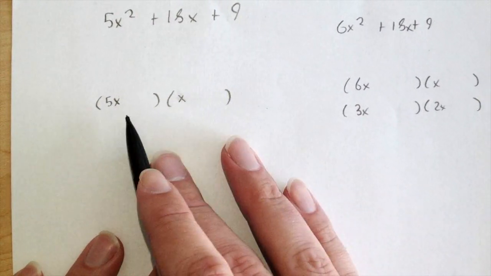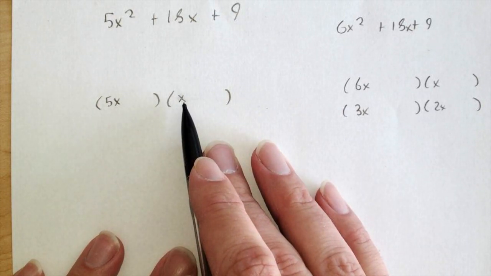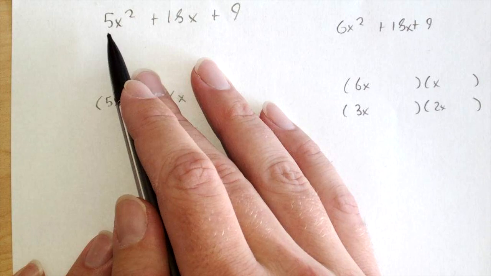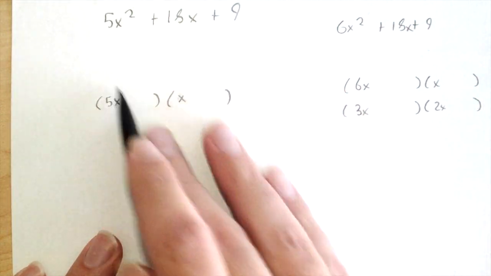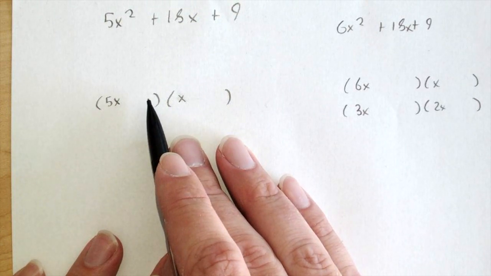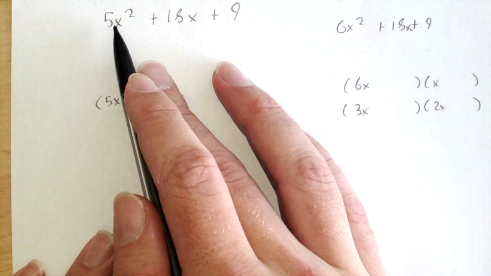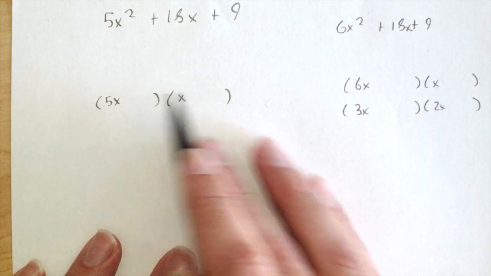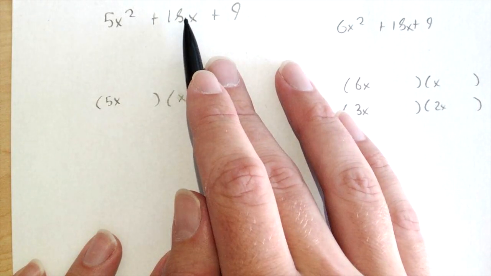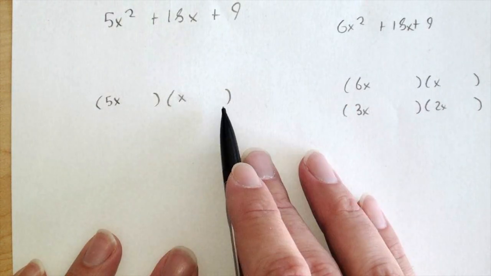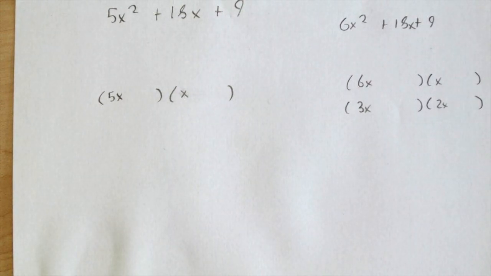Okay? Once you know that it's going to be 5x and x, all we have to think is what two numbers are we going to put here to make FOIL work, okay? And we know that the way FOIL works is the first two numbers multiply together for this number, the second two numbers multiply together for this number, and then the middle is kind of a combination of multiplying the ends to, like, the x's to the numbers.